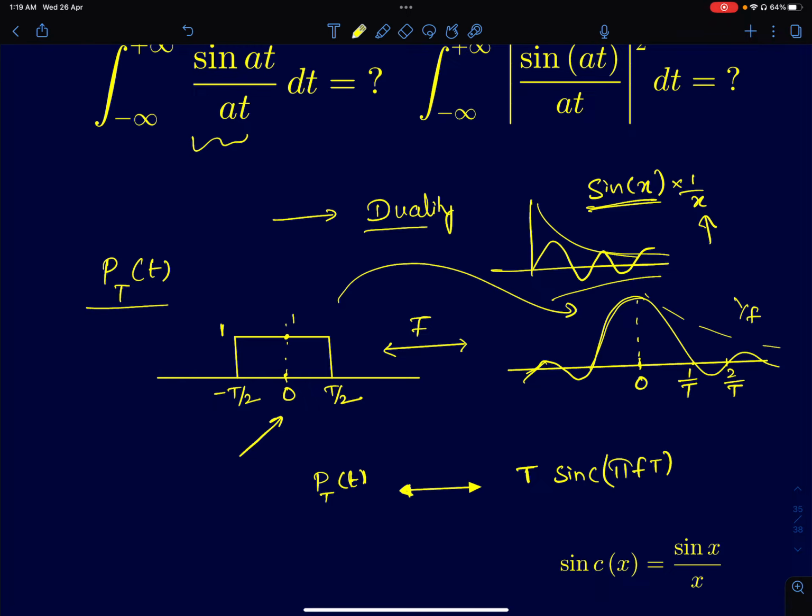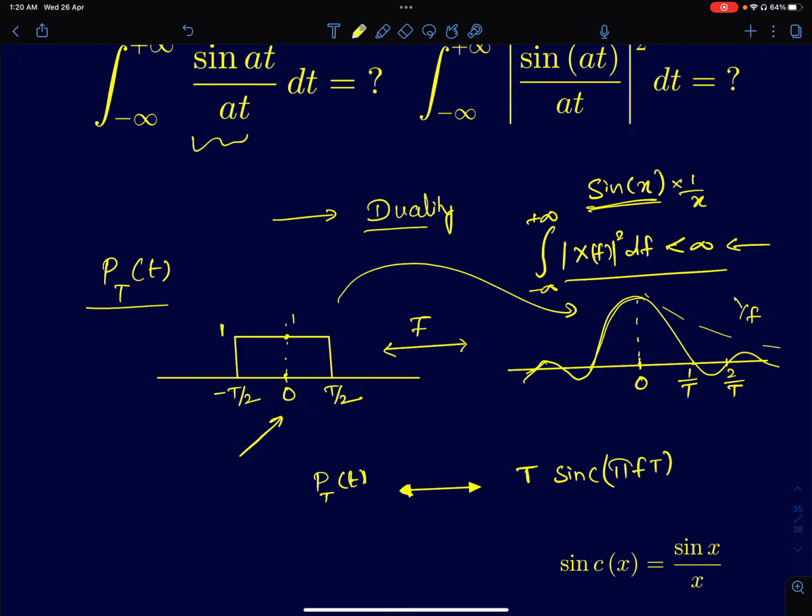Now, if I try to find the integral of the squared magnitude of the sinc function, it will be finite. For a sinusoid, it's not finite, but because I'm multiplying it by 1 by x, a decaying function, the squared integral is finite. So what I mean by that is, let X(f) be this function; the integral of the magnitude of X(f) squared df, over all f, where the variable f here is frequency, is going to be finite.